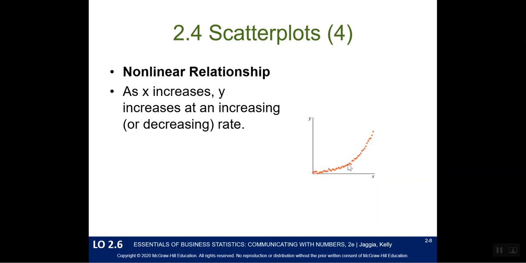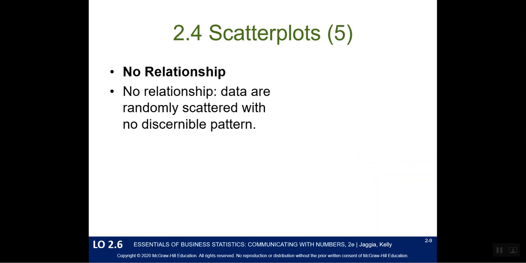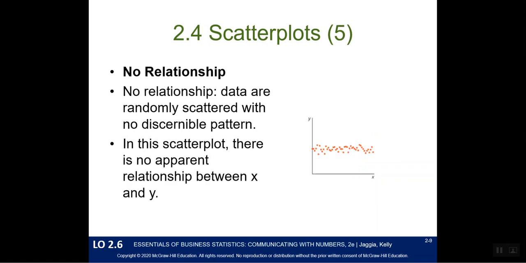So there's a relationship that exists between these two data points, but it's not a one-to-one relationship. It's not a direct relationship. And then it could be that there is no relationship at all, which just means there's no discernible pattern whatsoever. The data points just seem to be scattered randomly.